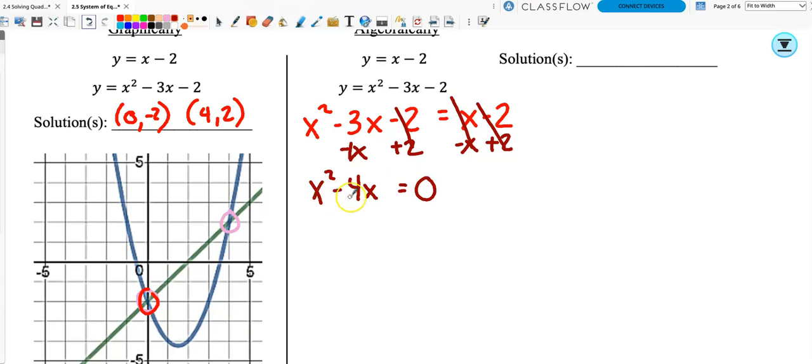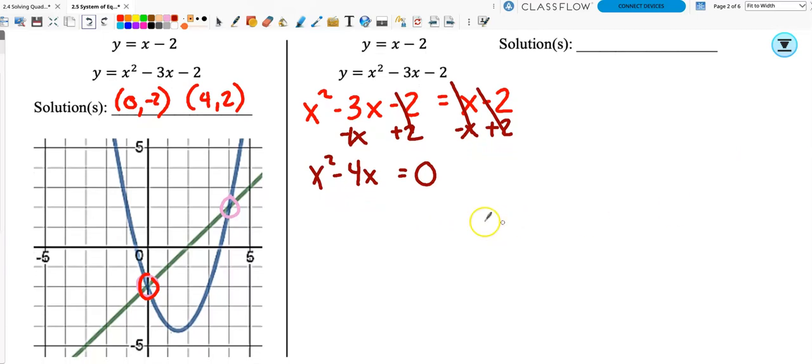If it is two terms, I know the quickest way is to factor and take out a greatest common factor. What they have in common is an x. Do your parentheses. If I take an x away, I'm left with x and then minus 4. To solve this, I'm going to set each factor equal to 0. So one answer is x equals 0.